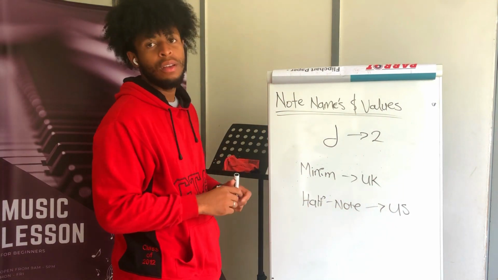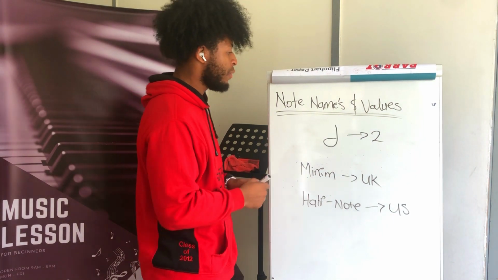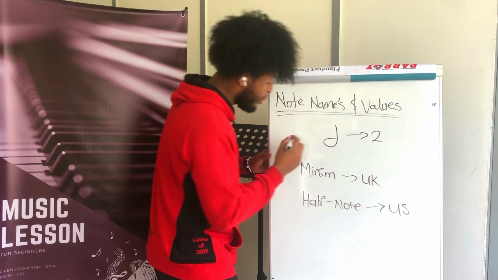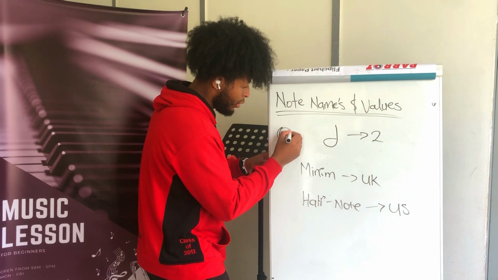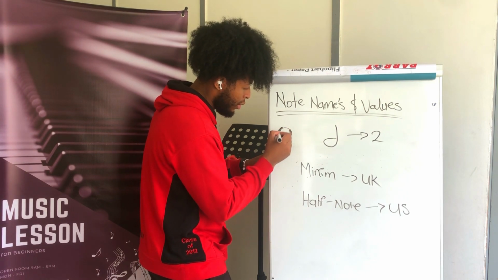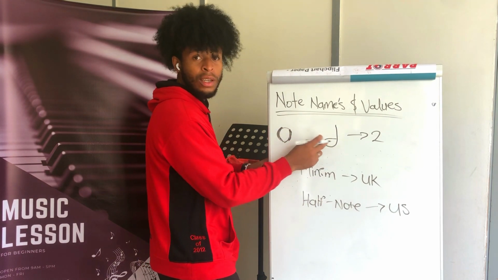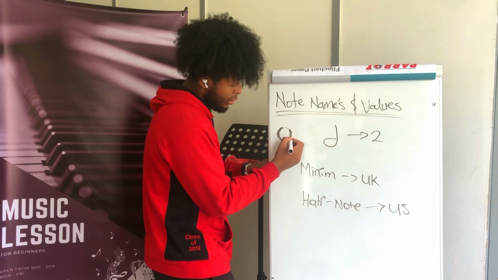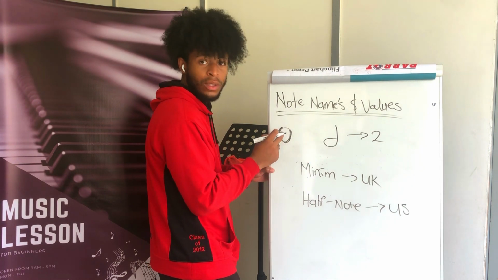So it's half of the semi-brief. If you had the semi-brief here, you would need 2 of these to make 1 of this. So 2 of this equal 1 of this.